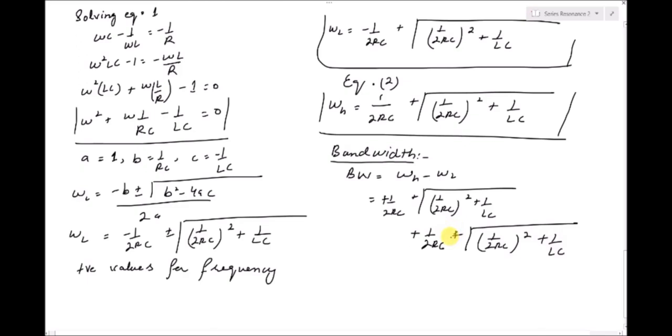So the square root terms will cancel out, and we have 1 over 2RC plus 1 over 2RC. The bandwidth formula will be 1 over RC.